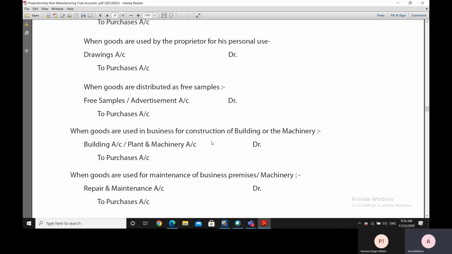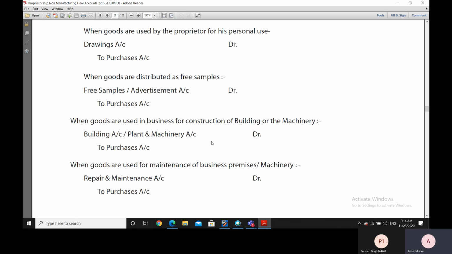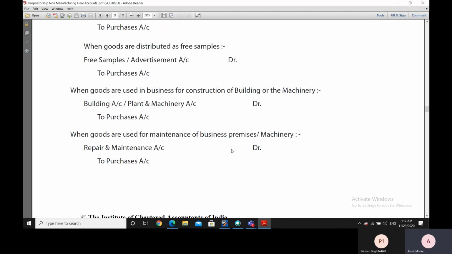Sometimes it may happen that some goods are used in the business for construction of a building or the machinery. So if the goods are used for construction of the building, then we will have to transfer this expenditure to the building account or to the plant and machinery account, wherever these goods have been used, and credit the purchase.